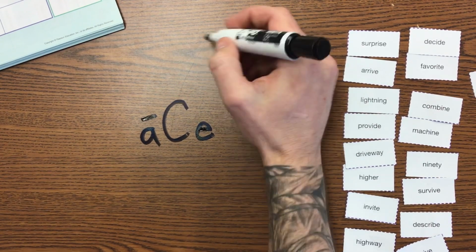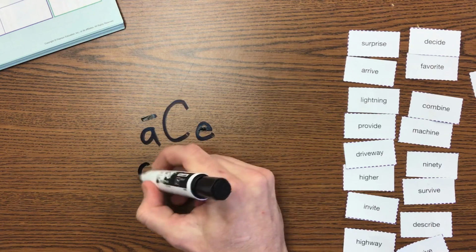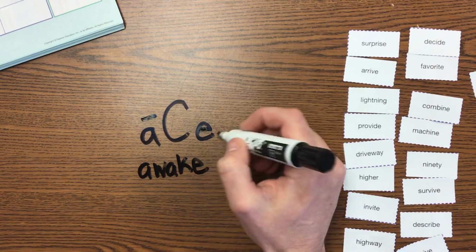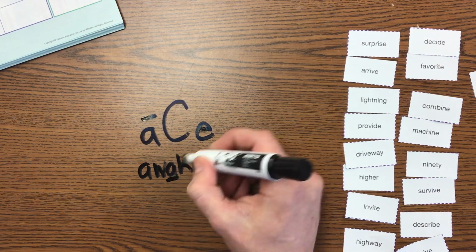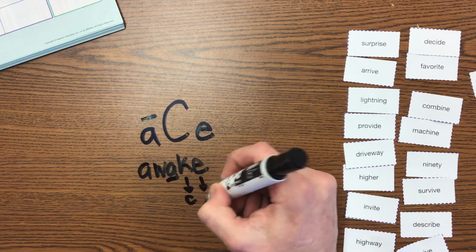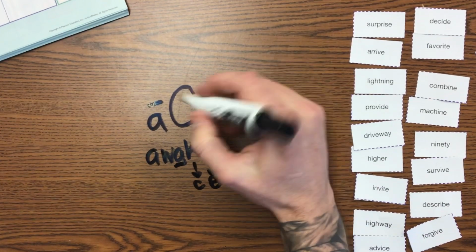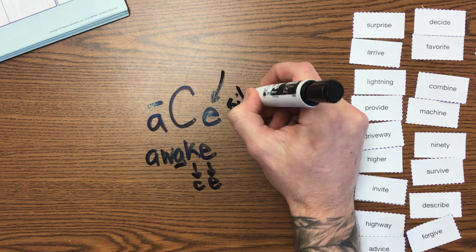One thing for you to consider is that when we have words like awake, for example, it does make that A long, because you can see here I have my A, I have my consonant, and I have my E. But one thing that I want you to look at is that once we have this pattern, the E becomes silent.